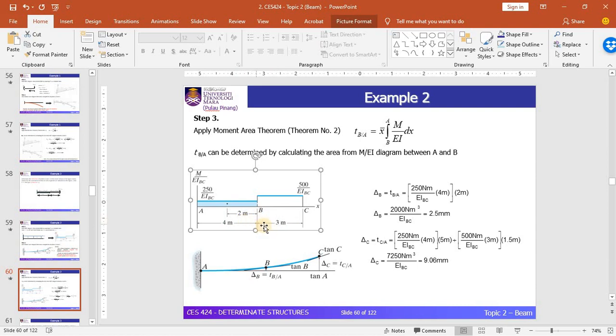So in total, the distance is equal to 5 meter. That's why you can see that here it is 5 meter.